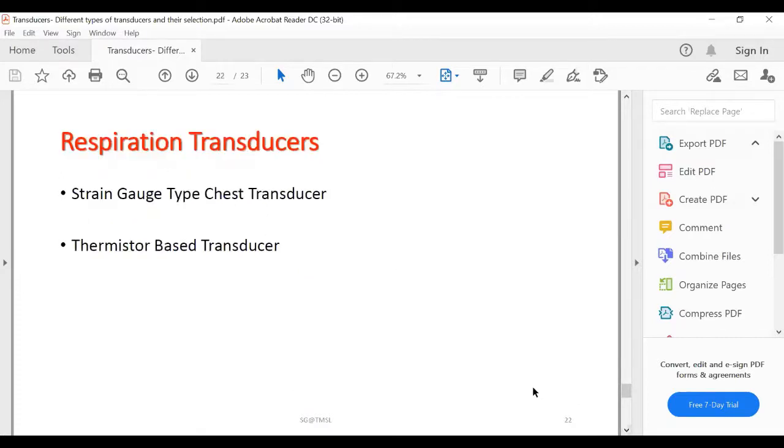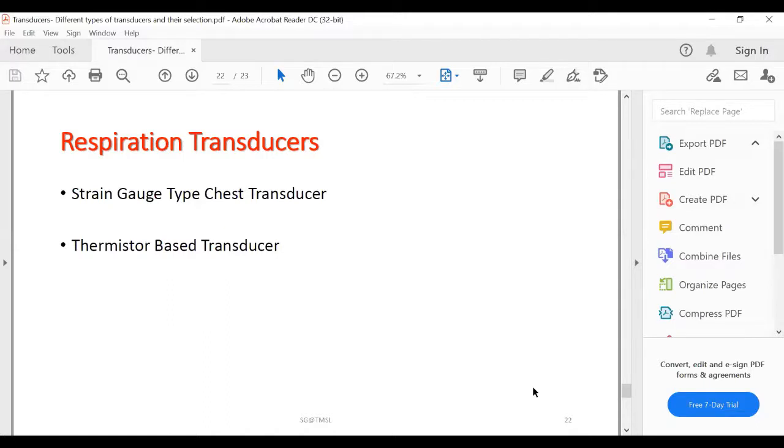Next is the respiration transducers. Here, tissues basically receive the oxygen and give out carbon dioxide in the respiration system.